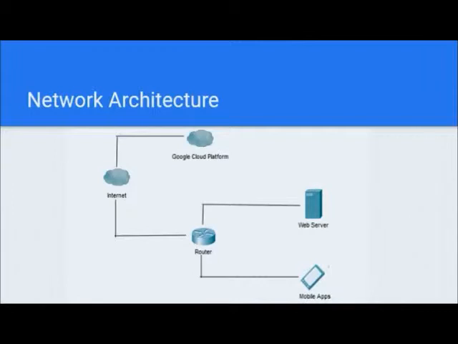The Google Cloud Platform will provide all the database and all the storage, and then it will connect to the internet, and from the internet it connects to the router, and from the router it will connect to the web server and also mobile apps. So for our application, users can access our application through the website or also through a mobile application.